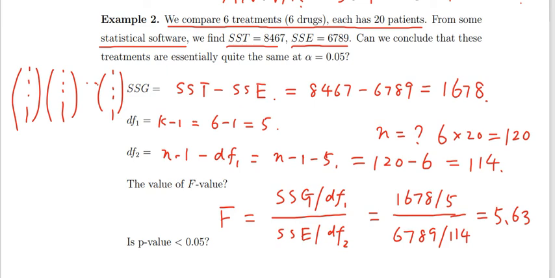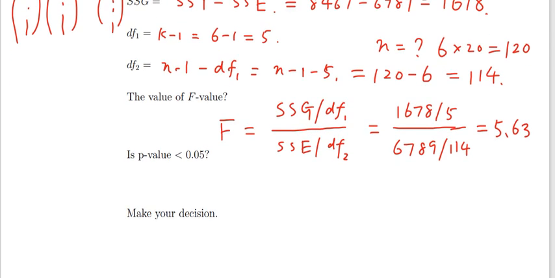So this is our cutoff point. Then we need to determine whether the p-value is less than 0.005 or larger than 0.005, or whether this number is a big number or a small number. So we can check the F star, the critical value.